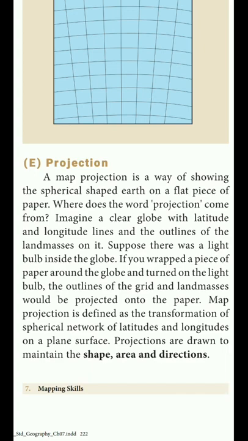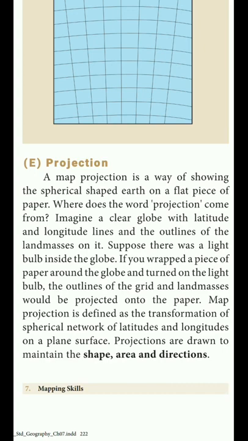Okay. See, you can see in the globe also, isn't it? 2 lines are there, latitude and longitude lines. Do you know what these lines explain? They explain about the land masses on it. In order to show the places, latitude and longitude lines are drawn.